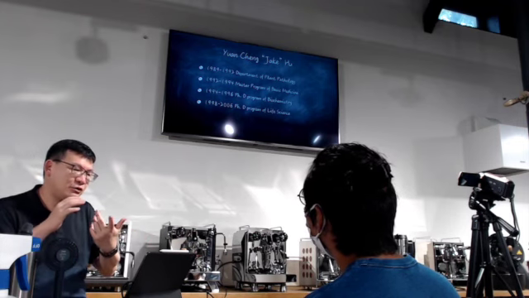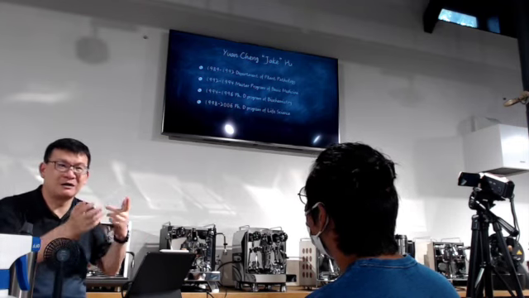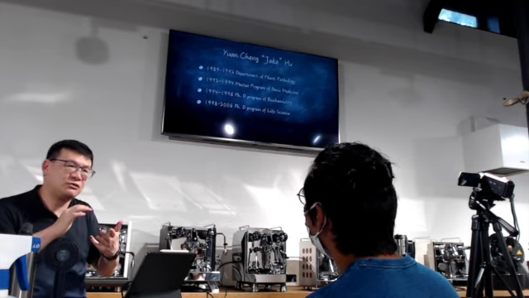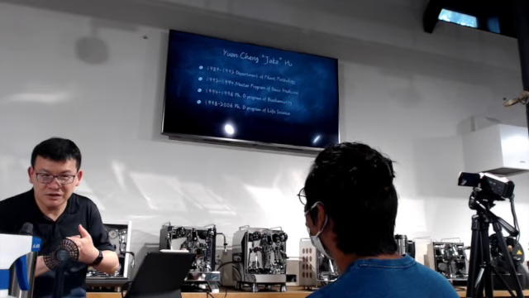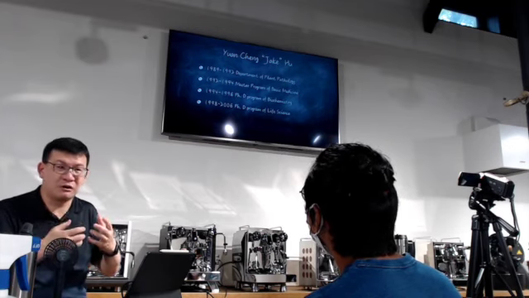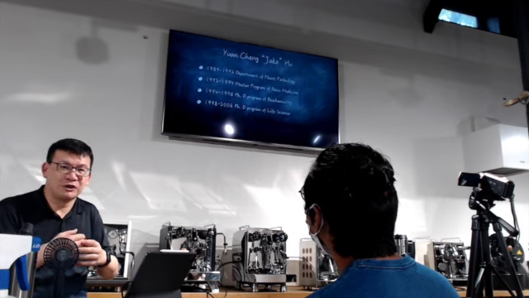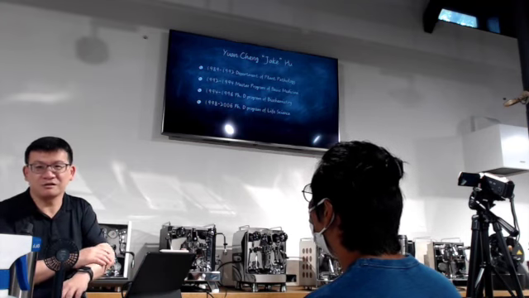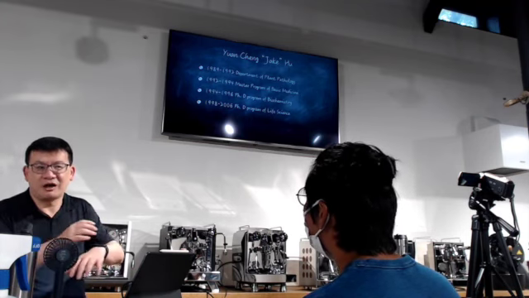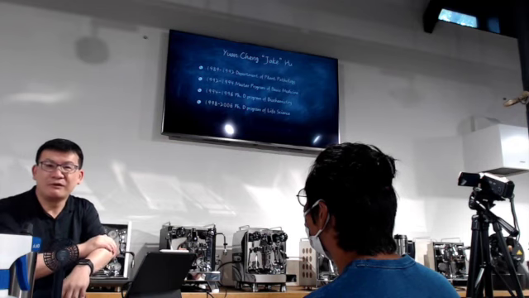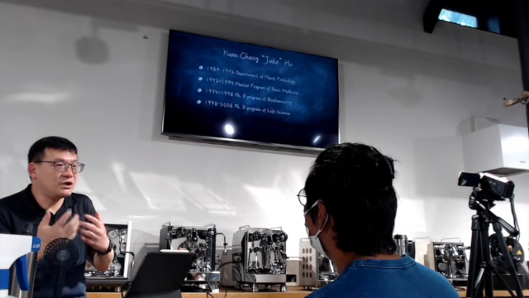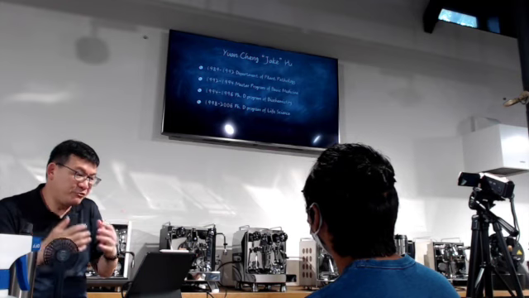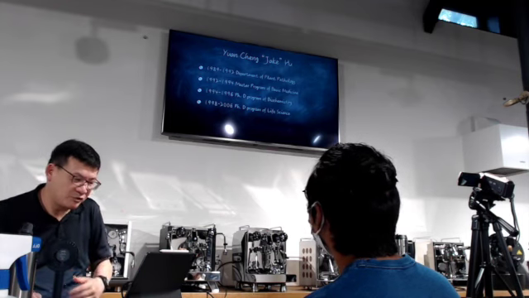I learned how to do fermentation from those companies. We used fermentation to produce collagen for Johnson & Johnson, the United States company. They make artificial skin to cover burn victims, and we produced the raw materials. That's what happened before I got into the coffee industry.